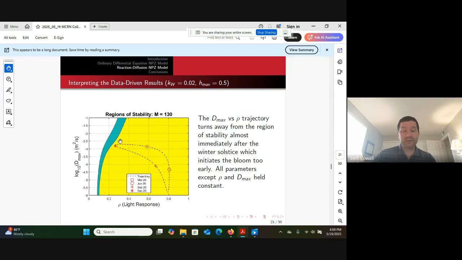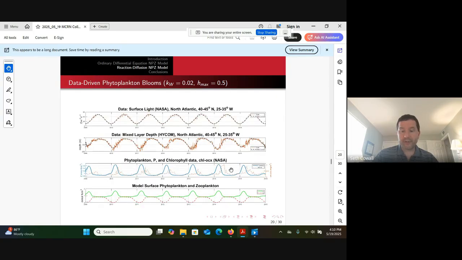At least it seems like if you just look at the Dmax versus rho trajectory, which is this dashed curve here, and this star right here is the winter solstice, you see what happens is it just turns away from that region of the phytoplankton-only stability right away after the winter solstice, and you see how that happens every time with the blooms.